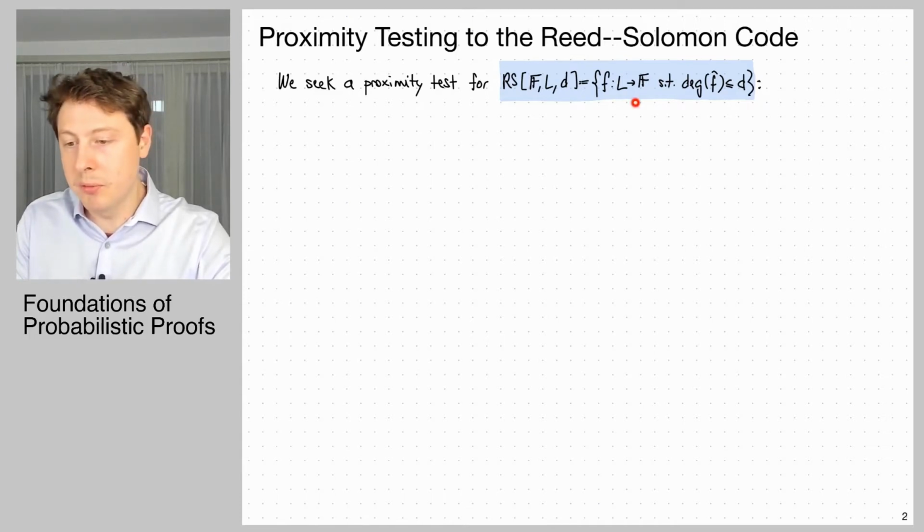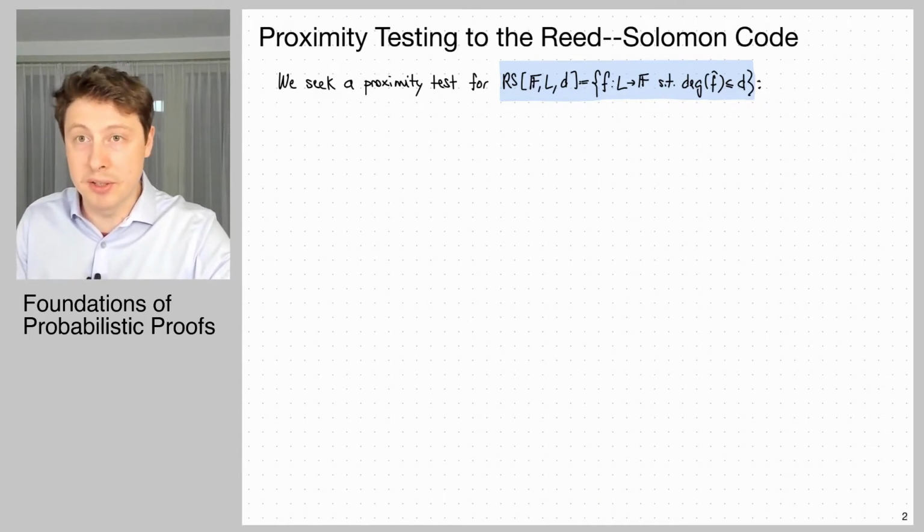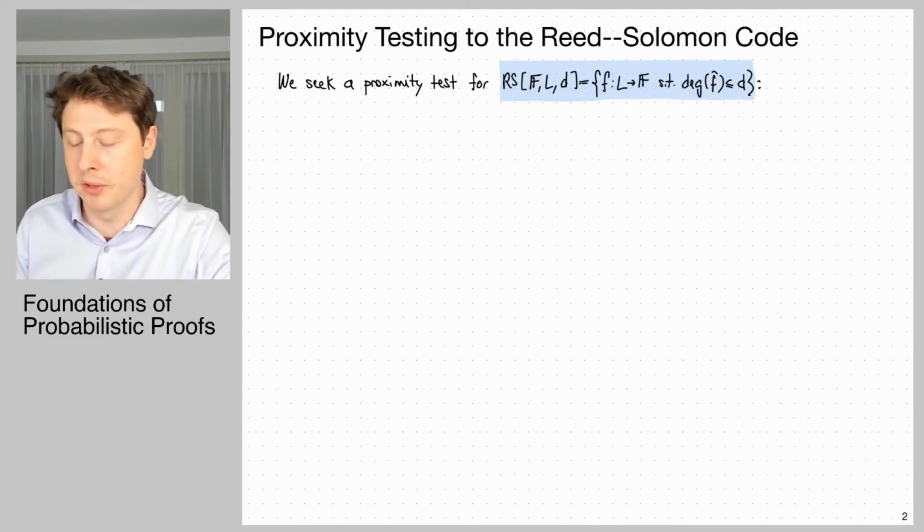But the regime in which we're using this is when d over the size of L is some small constant. So think of d as being like a 100th of the size of L, okay? And so that means that not all functions of this form are in the set, only some.